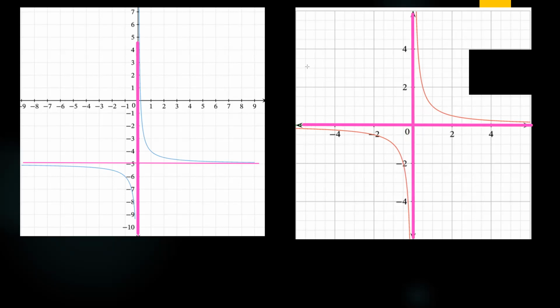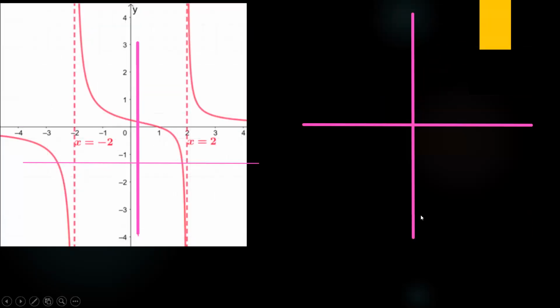And here. Now, this example here. Where are the asymptotes? Where's the line that the curve didn't touch? 2 and -2.